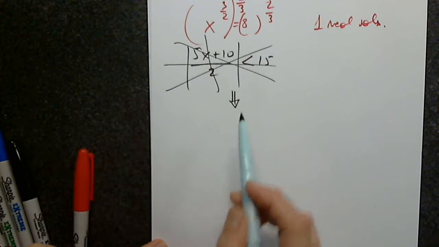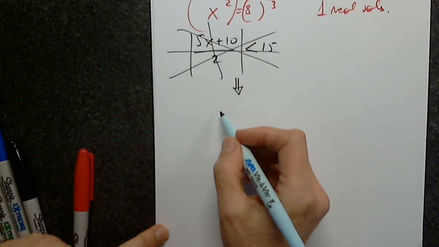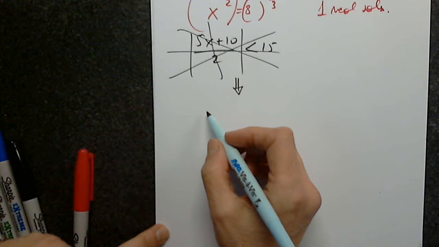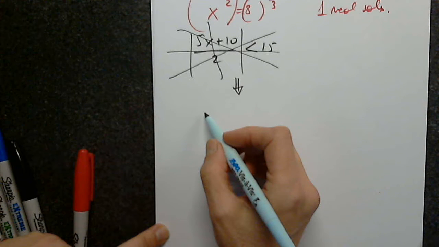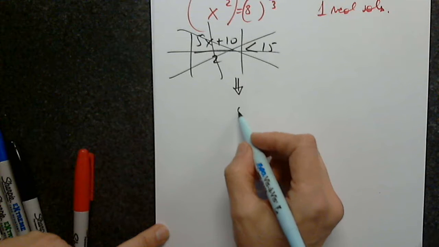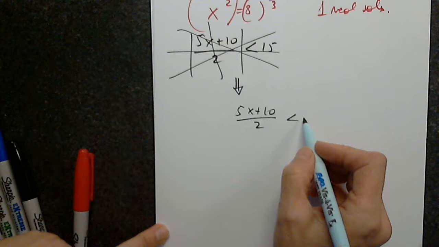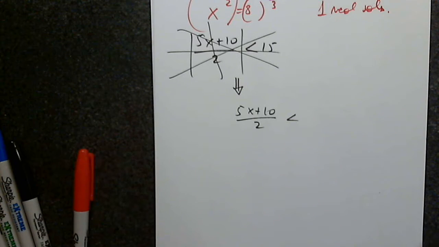So solving this inequality is the same as solving which inequality? It's like negative 5 less than 5x plus 10 over 2 less than 10. Is it correct? But we just said it's not this one.